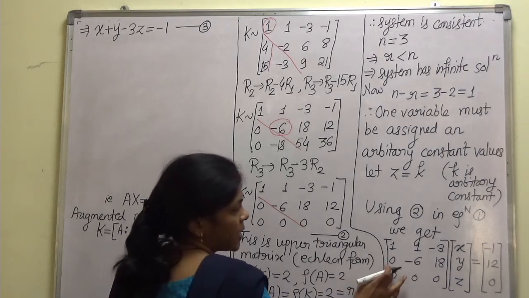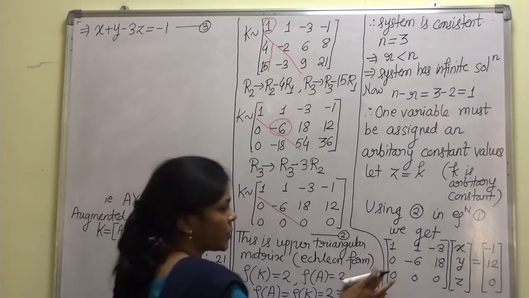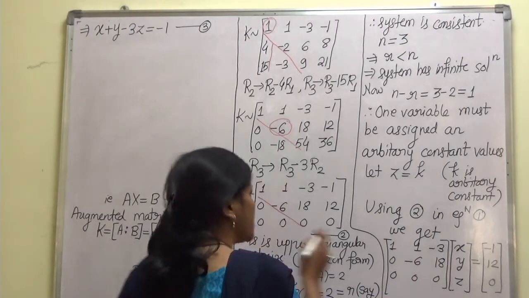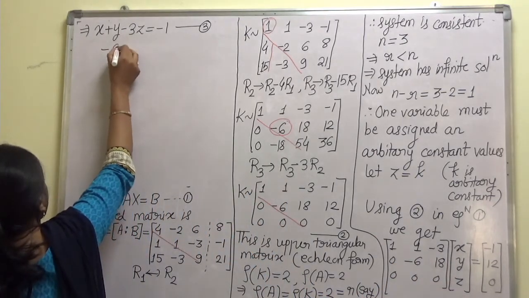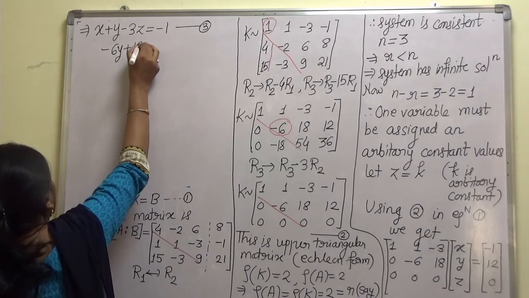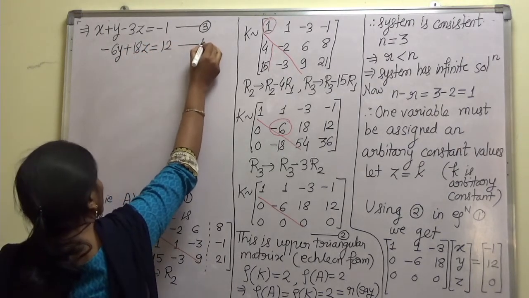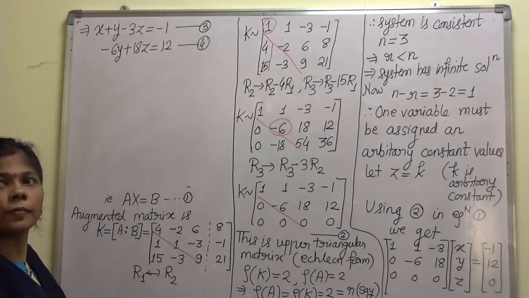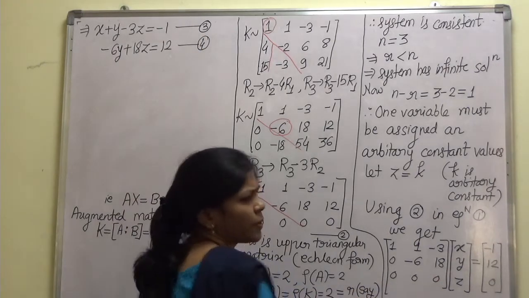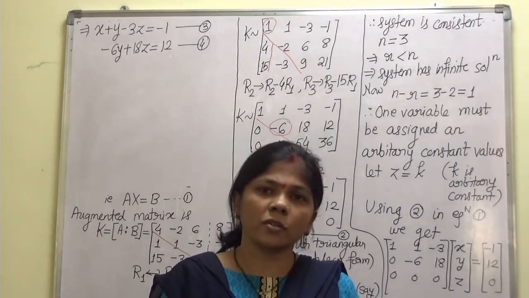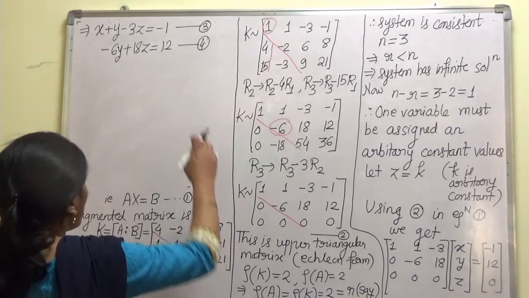Next, second row: 0 into x, 0, then minus 6y plus 18z equal to 12. Call it equation 4. And then here 0 equal to 0, which has no sense in writing. So these are the two equations left.